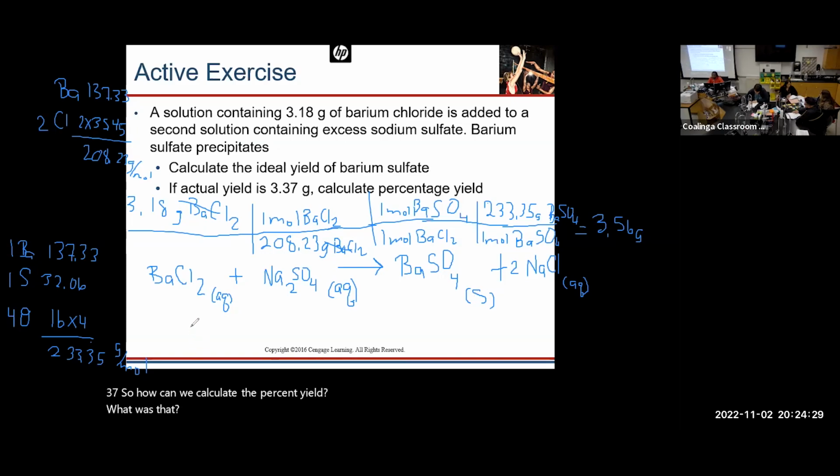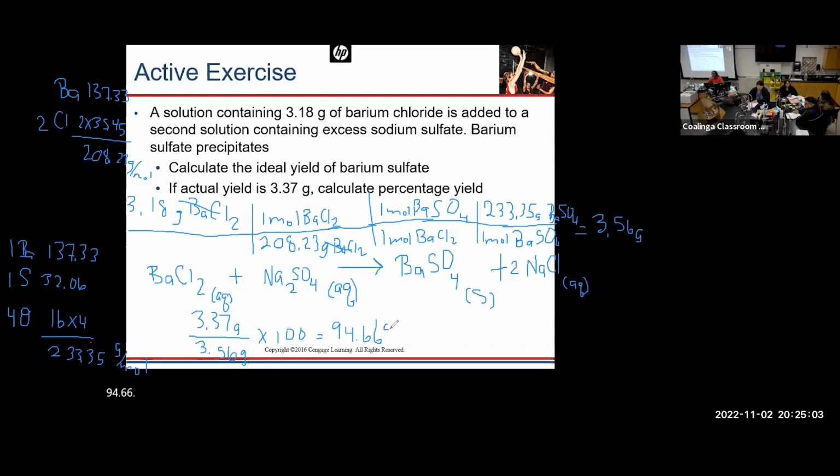First we divide the actual by the ideal, that's right, and then you multiply that by 100. That gives 94.6.